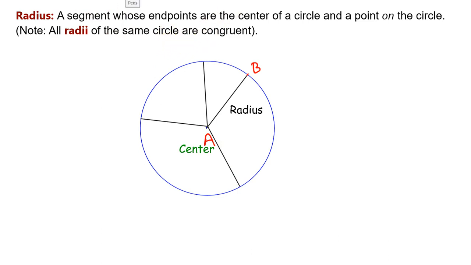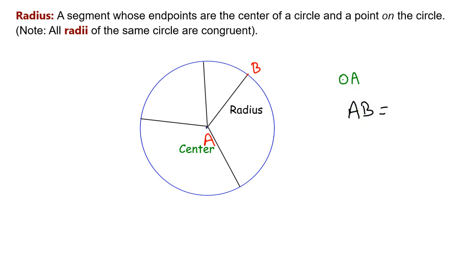Now also let me show you how we denote a circle with the center A. If I draw a small circle and here I put A, this is called a circle whose center is A, and AB is a line segment and it is the radius.